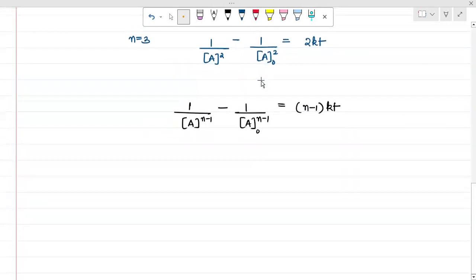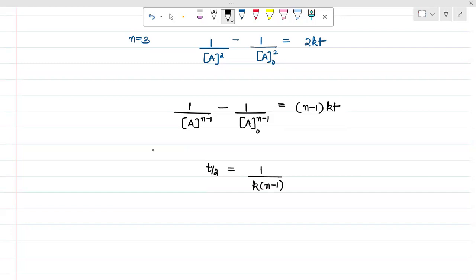After plugging the values and rearranging, I'll write down the equation. T half for nth order reaction is equal to 1 by k(n minus 1) into 2 to the power n minus 1 minus 1, divided by initial concentration to the power n minus 1.